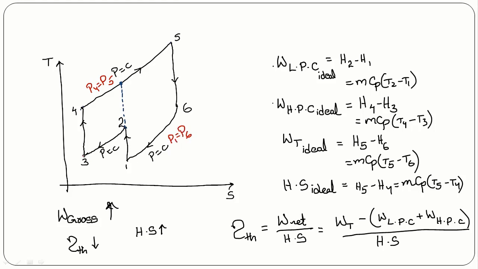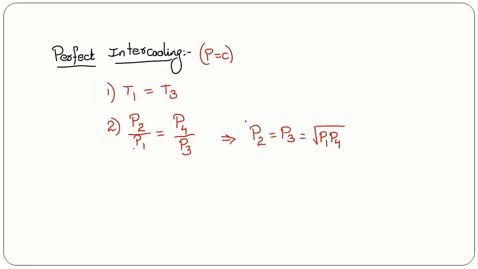So for perfect intercooling, the intermediate pressure, that is P2 equal to P3, must be the geometric mean of the maximum pressure and the minimum pressure of the cycle. This is the important thing that we have to learn for perfect intercooling.